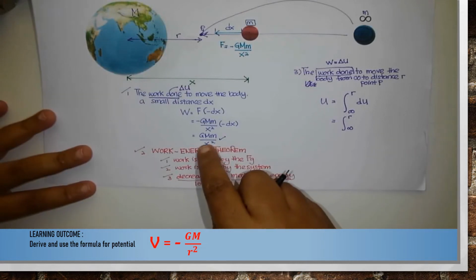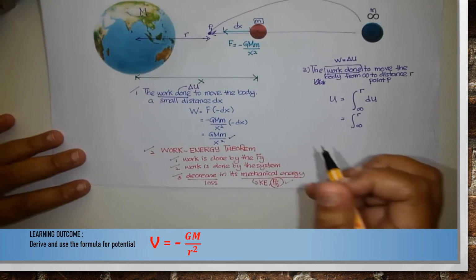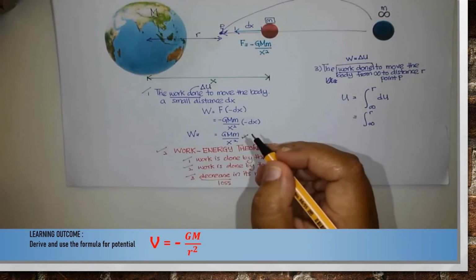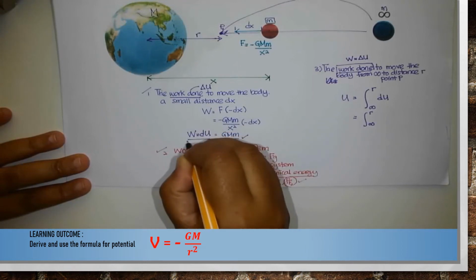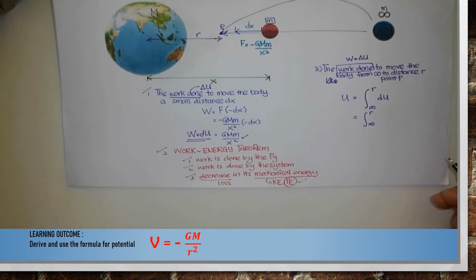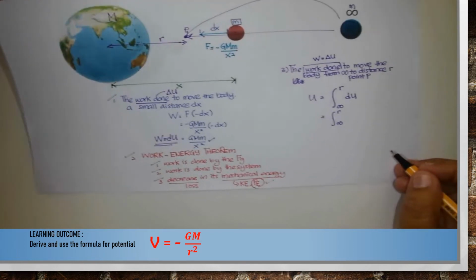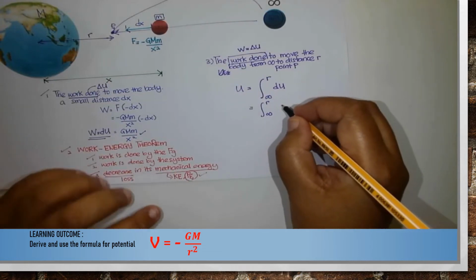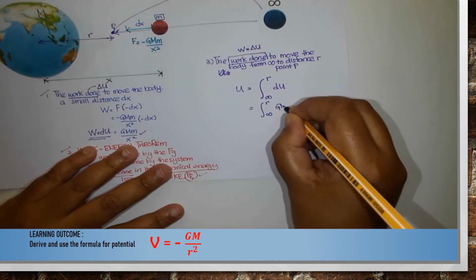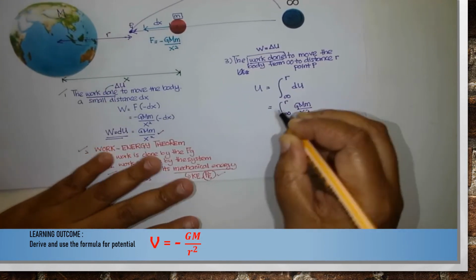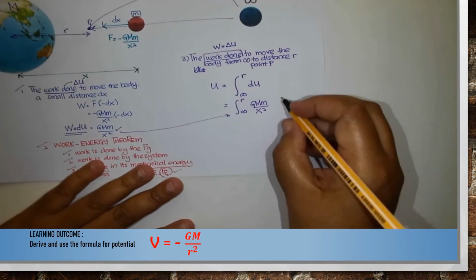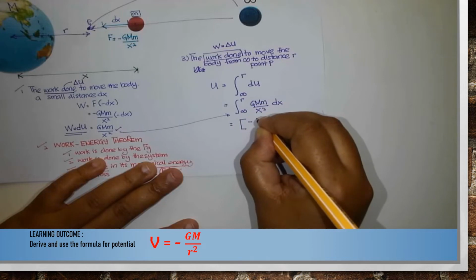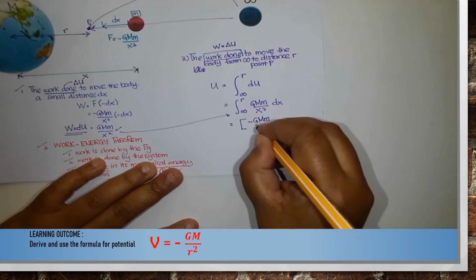Why did I replace dU with GMm over x square? Because W is equal to dU or delta U, since work done is the change in energy. So here I put dU equal to GMm over x square, I substitute this inside here, with dx, and then when I integrate this, I will get negative GMm over x.